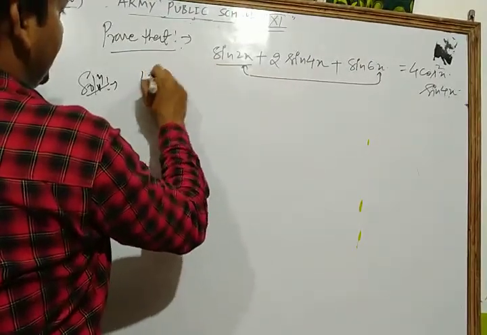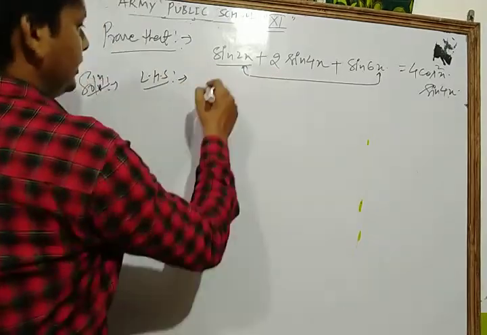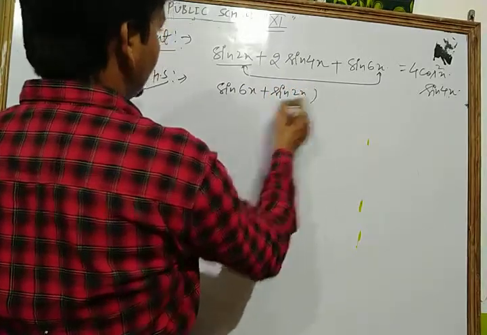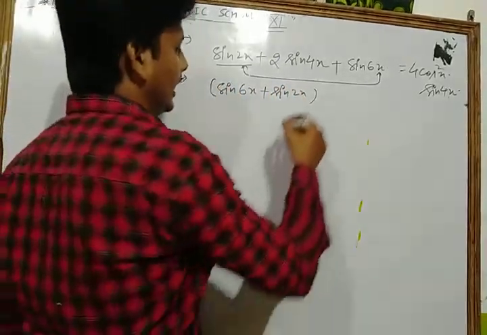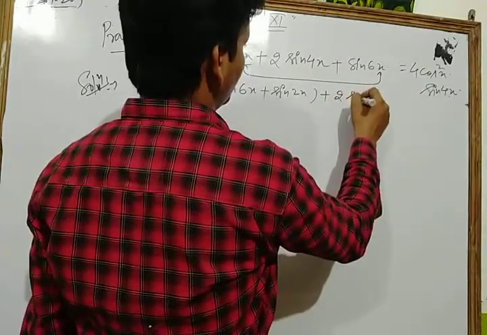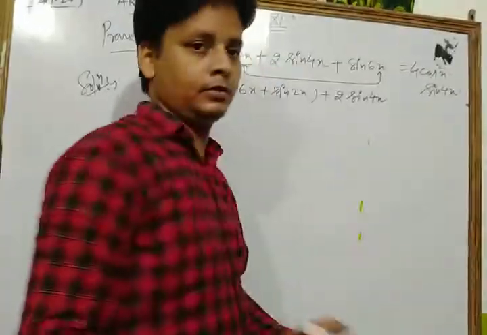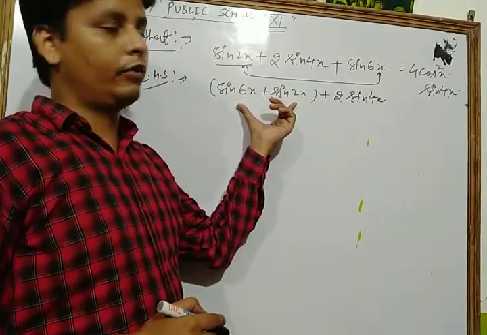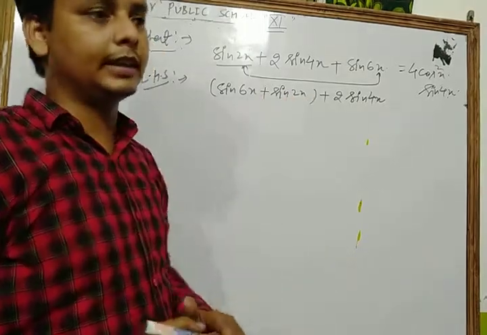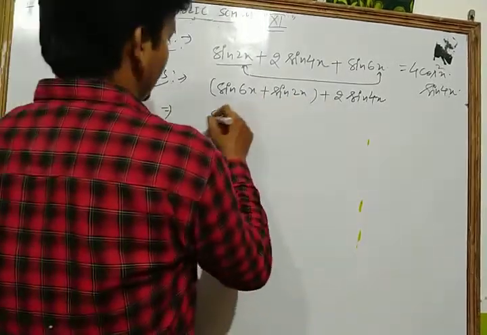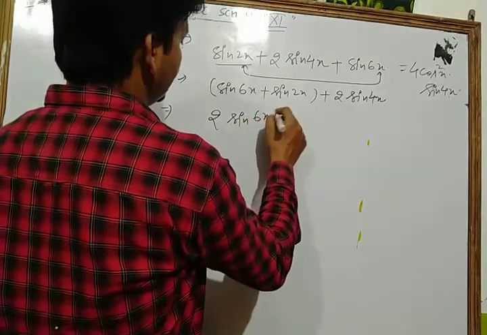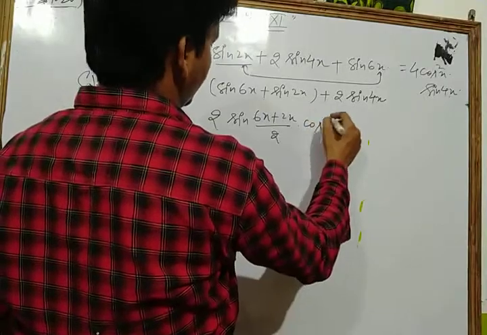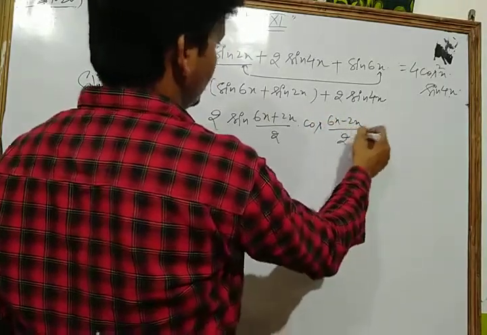First of all, we take the left hand side and we take sin 6x and sin 2x together, and here we write 2 sin 4x as it is. Now here we apply the formula sin c plus sin d. We get 2 sin of c plus d by 2 into cos of c minus d by 2.